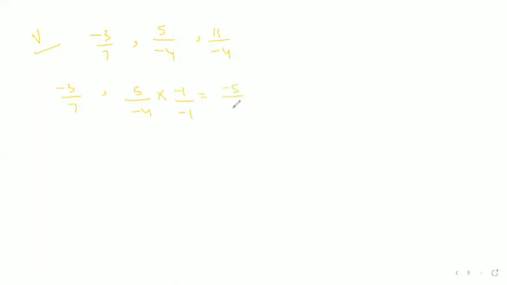So our new rational number would be minus 5 by 4, as no negative sign in the denominator is allowed. Same is the case with 11 by minus 4 also. Multiply it with minus 1 and minus 1, so as to shift the negative sign from the denominator to the numerator. So our new rational numbers would be minus 3 by 7, minus 5 by 4, and minus 11 by 4.